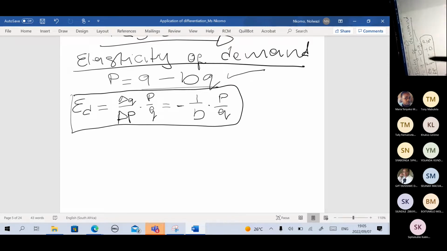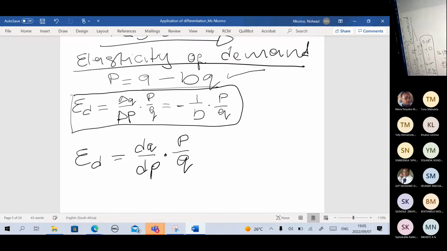Okay, for nonlinear, which is what we are doing today, we'll use the derivative, so that the elasticity of demand will be the derivative of Q with respect to P times P over Q. These derivatives depend on what you are given as your demand function.